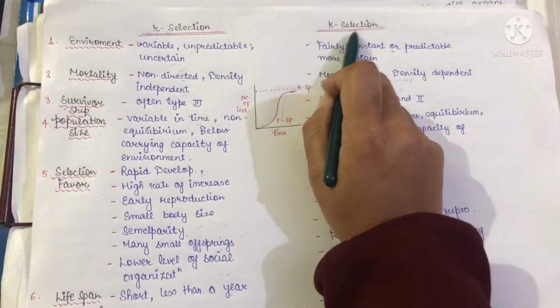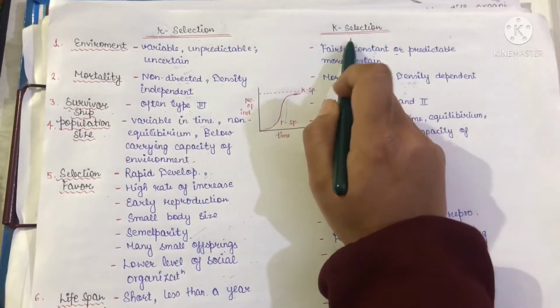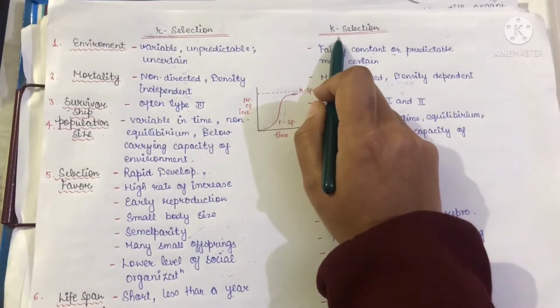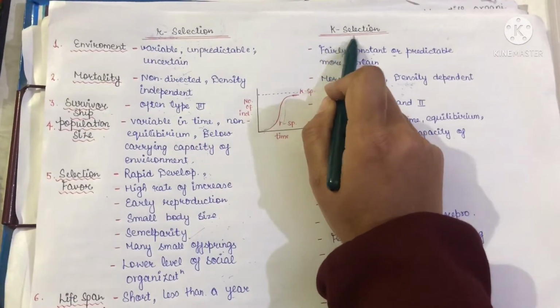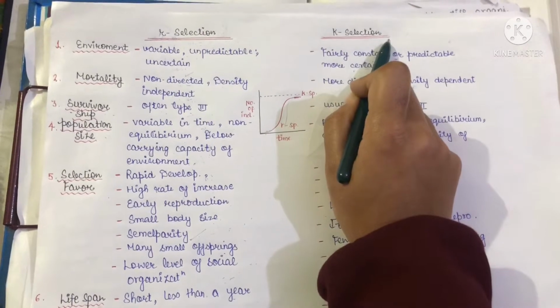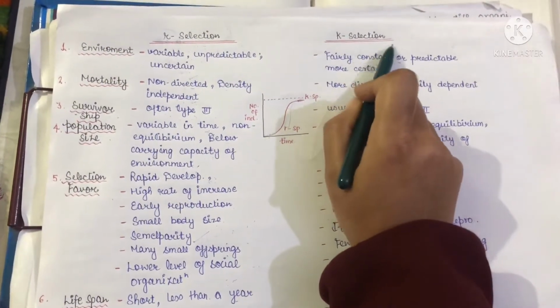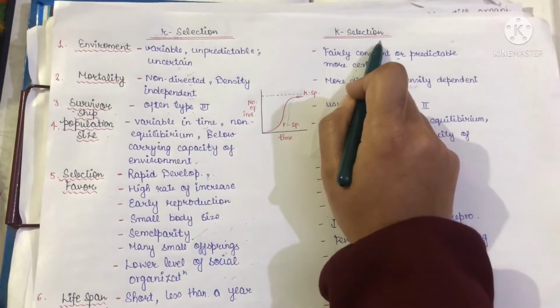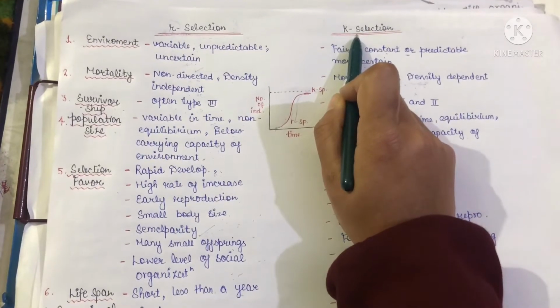In contrast, K in K selected species means carrying capacity, that is how many species a particular environment can support. How large a population a particular environment supports is known as carrying capacity, and the carrying capacity is denoted by K, right?